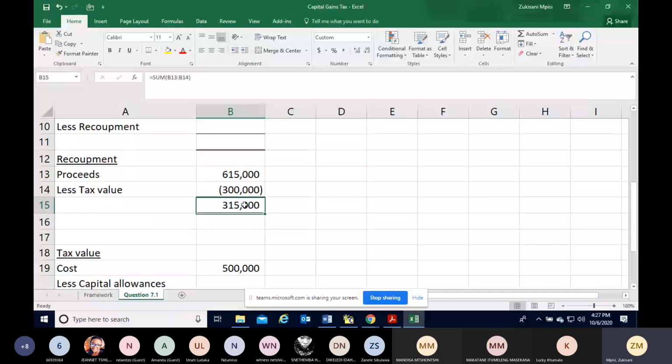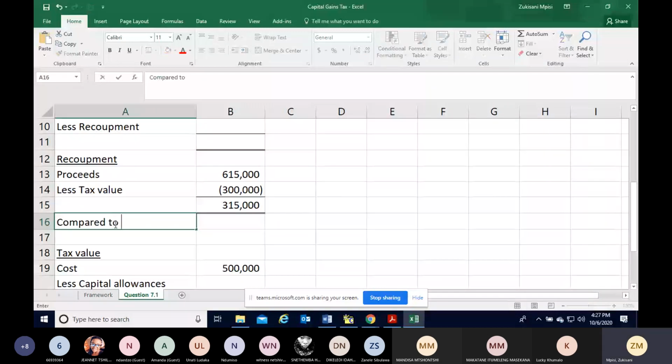Therefore you get to your recoupment of 315,000. But remember, the recoupment that you get here is compared to the previously claimed capital allowances.